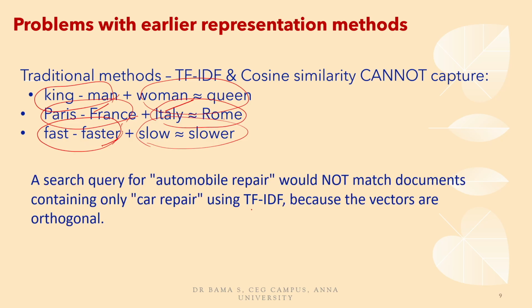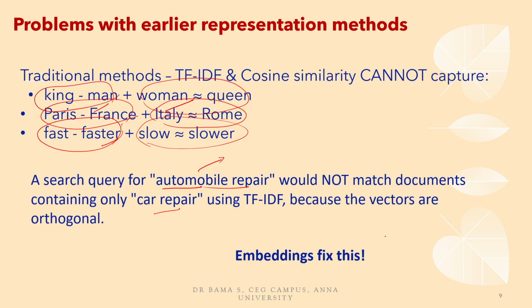So again, a search for automobile repair in the earlier days would not match a document about car repair, because it would identify only automobile as automobile and not as a car. With all these problems, embeddings can address these issues, as they can capture similarity based meanings.